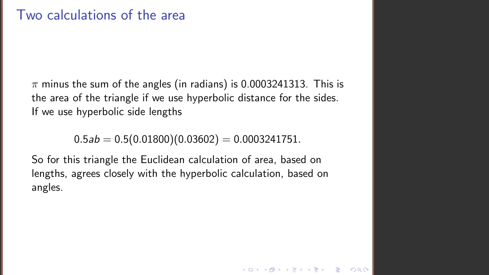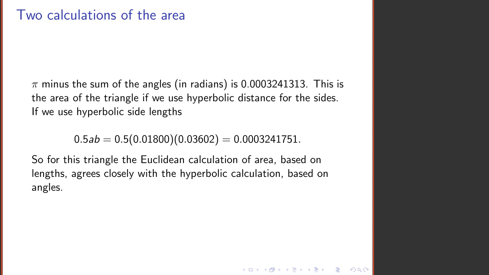If, on the other hand, I take 1/2 times the altitude times the base, measuring things in radians, this is the Euclidean formula for the area of a right triangle, I get 0.003241, and then we differ in the 8th digit after the decimal point.